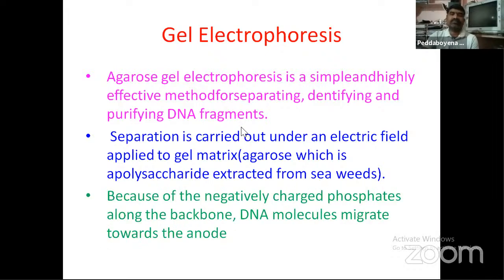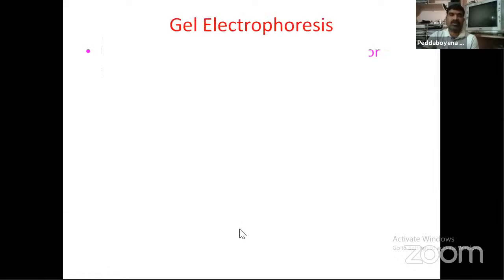And next, because of the negatively charged phosphates along the backbone, the DNA molecules migrate towards the anode. This is very important.